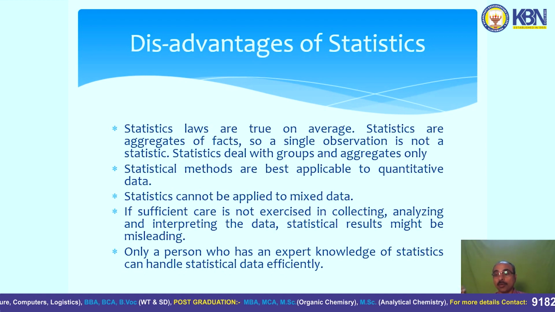A product with low quality may have more sales. A product with high quality may have fewer sales. We cannot say that low quality products are purchased by many. We should not come to a conclusion. That means in some cases quantity is important, and in some cases mere quality is also important.